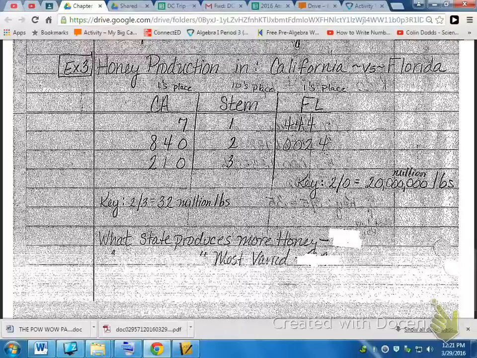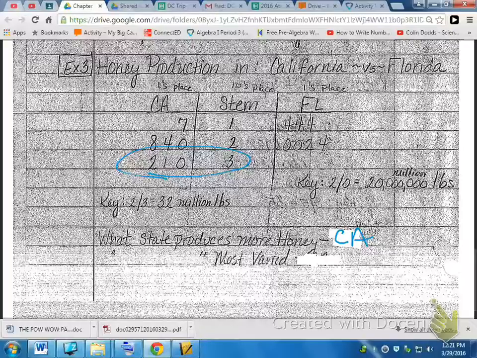Yeah, I would definitely go with California, because it's got some in the 30s: a 32, a 31, and a 30. Whereas the Florida ones are all in the teens and twenties: 14, 14, 14, 20, 20, 20, 22, and 24.